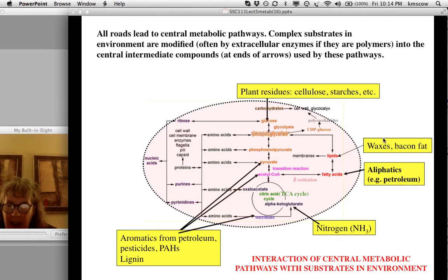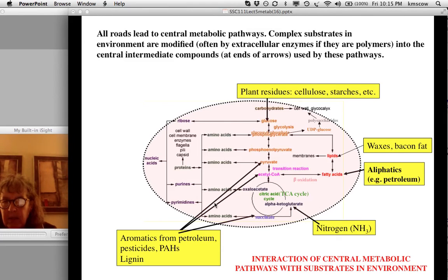Therefore, things like waxes will be converted into lipids that then can go to fatty acids, go to acetyl-CoA, and go into the TCA cycle. Aliphatics can be used through beta oxidation, and that's going to create fatty acids. So even petroleum compounds, right? Not just plant residues or animals. Petroleum is going to use the same pathways, preparatory reactions that result in fatty acids being produced.